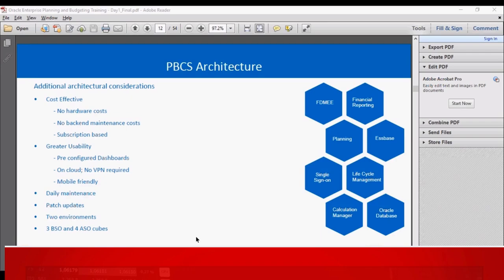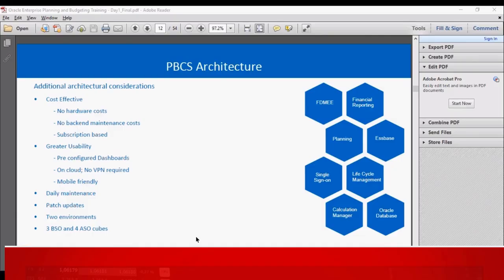Not exactly. It will not create any cube. Cube is nothing but a database, and in a database we can create as many dimensions as we want according to the business purpose, and we can load them as per the dimensions. We can map from the ledger to the target database, and we can load it in a single cube also.